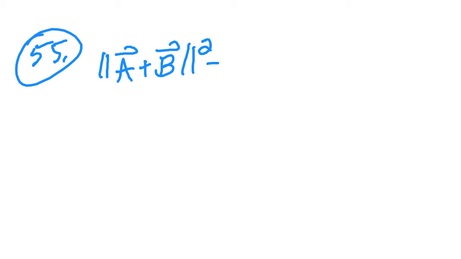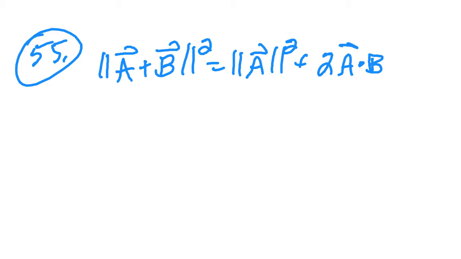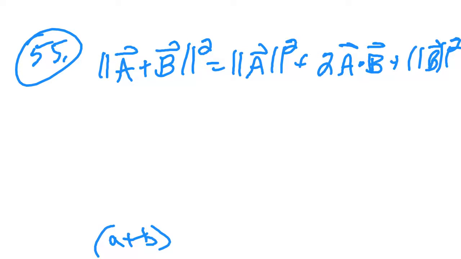55 is saying if a and b are any vectors, then the norm of a vector plus b vector quantity squared is going to equal the norm of a vector squared plus 2 a vector dot b vector, plus norm of b vector quantity squared. Well, this is kind of neat because when we have a plus b quantity squared, the FOIL becomes the fool, right?